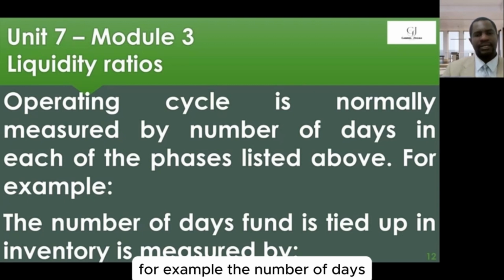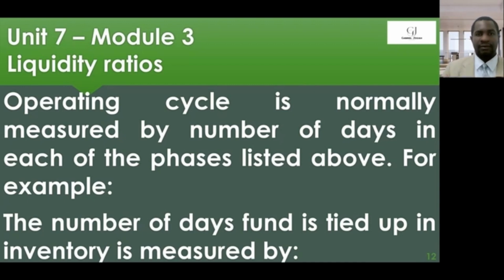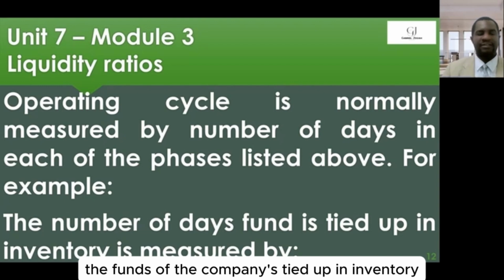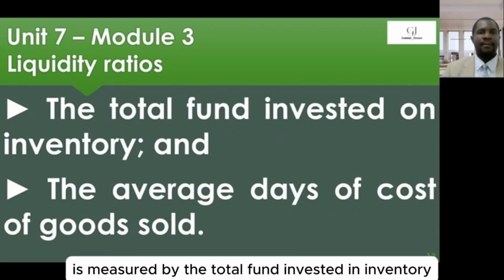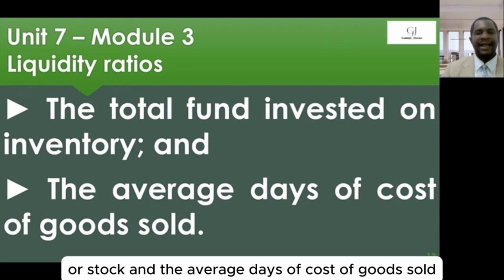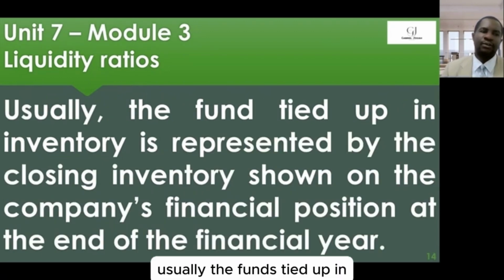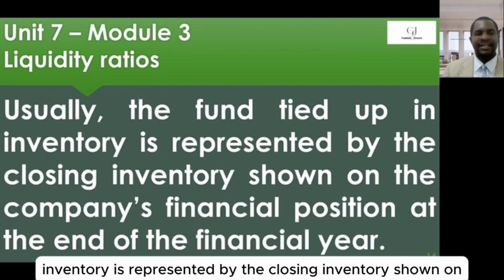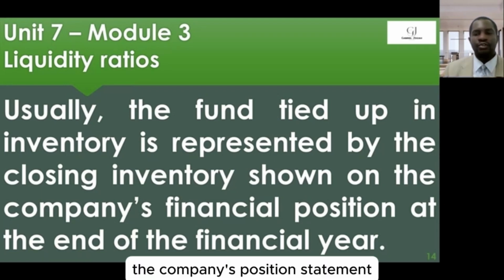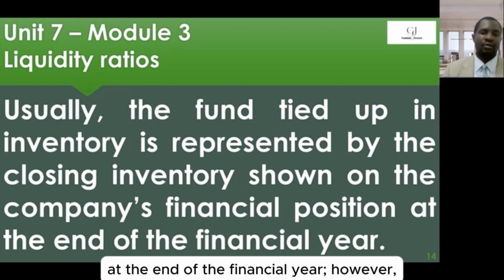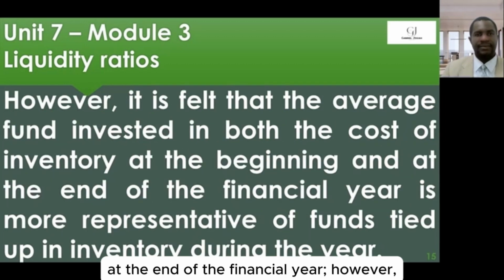For example, the number of days the funds of the company are tied up in inventory is measured by the total fund invested in inventory or stock and the average days of cost of goods sold. Usually the funds tied up in inventory is represented by the closing inventory shown on the company's position statement at the end of the financial year.